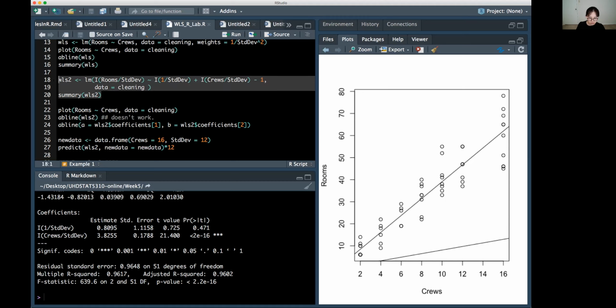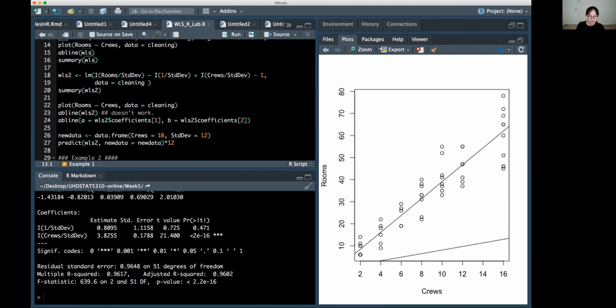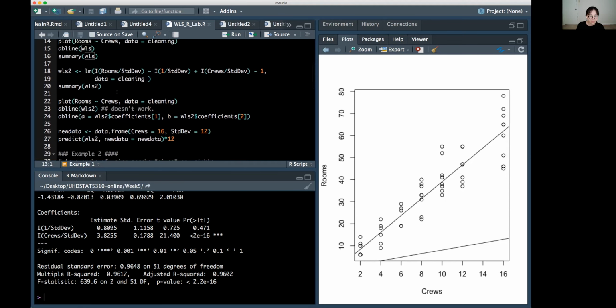So let's do the summary. Again, the estimates are the same as the first least squares model, the original weighted least squares estimation.